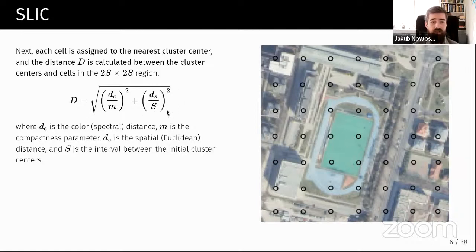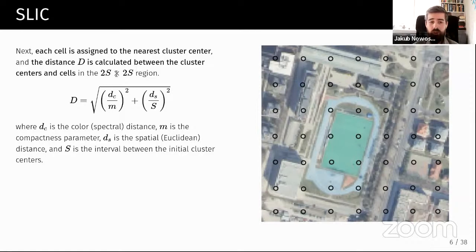And you can see this complete distance on the left is basically a combination of our spatial distance, which is the distance in Euclidean space, and our values distance. So what's the color distance between our center and all of the cells that we are comparing it to?